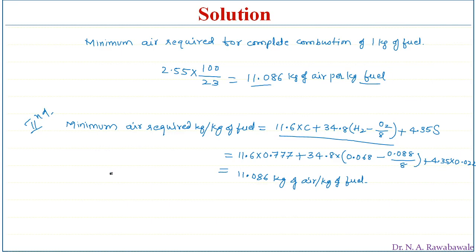Along with that, he has asked us to find out the composition of flue gases. So to find out composition of flue gases, carbon dioxide produced, CO2 produced, can be obtained like this. Here mass of carbon is known, carbon into 11 by 3 kg.